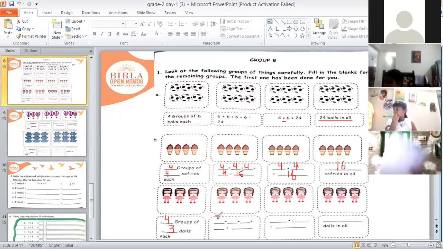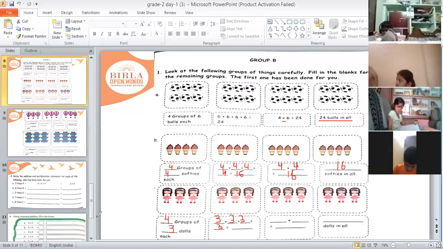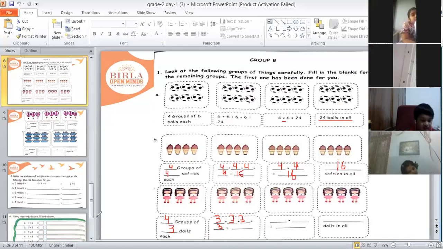So we will write 3 plus 3 plus 3 plus 3. Okay, fine. Now we have to count and tell total how many dolls are there.